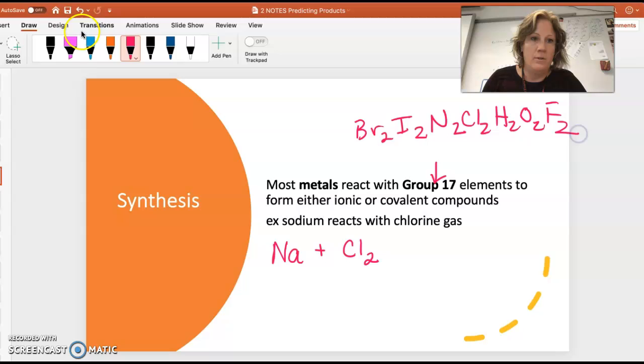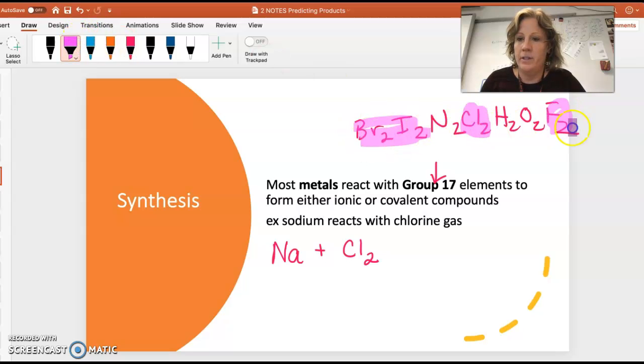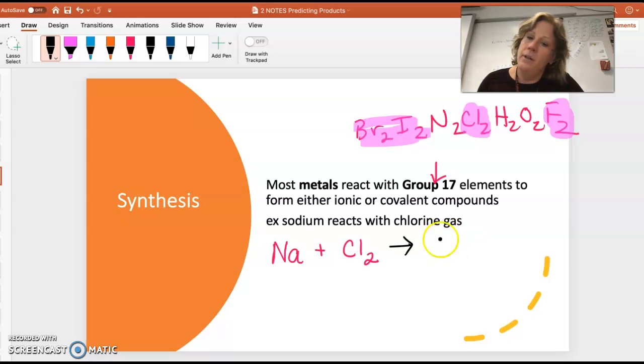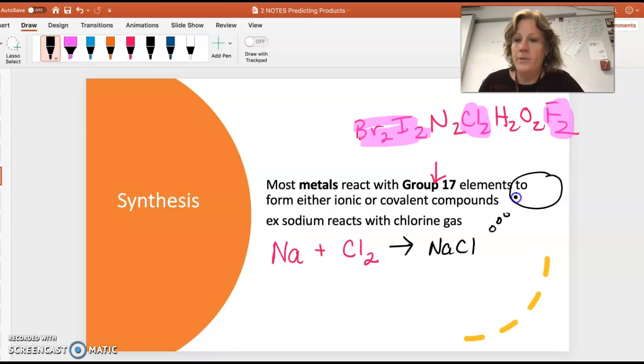So we know these guys are in group 17, 17, and 17. So these two will react, and then we're going to form the ionic compound, sodium chloride. Thinking bubble: sodium is plus, chloride's minus. That's how I know the formula. I'm going to balance the atoms by putting a 2 and a 2.